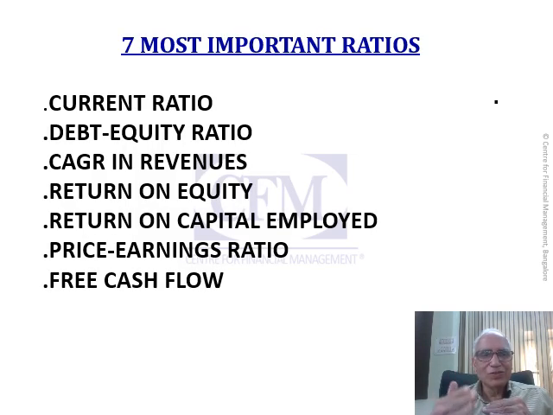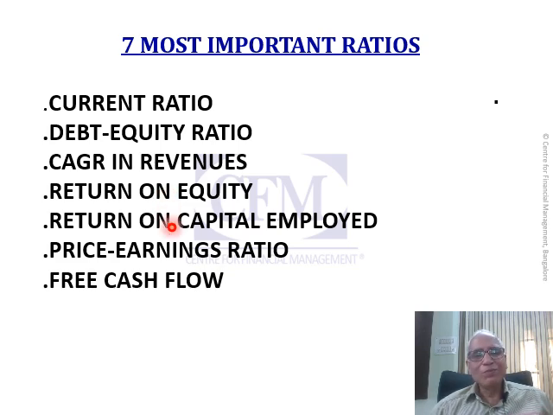Here is my list of 7 most important financial ratios or numbers. Current ratio is defined as current assets by current liabilities. Debt equity ratio is defined as total liabilities by net worth or equity. Compound annual growth rate in revenues measured over a period of 5 to 10 years. Return on equity defined as profit after tax divided by shareholders' funds.